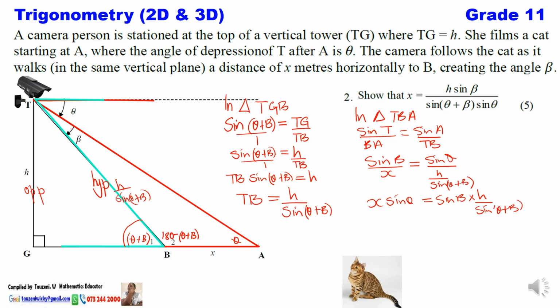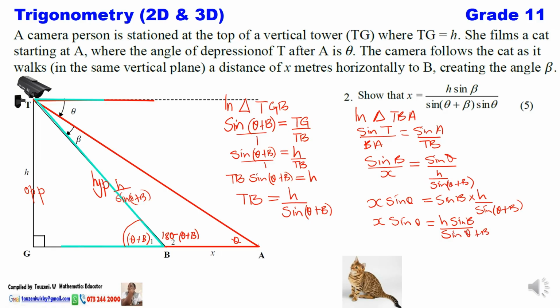Then we simplify this expression. So basically, X multiplied by the sine of theta is equal to H times the sine of B divided by the sine of theta plus beta.